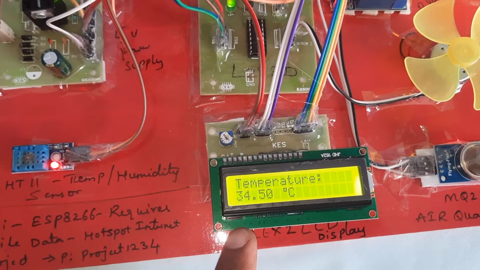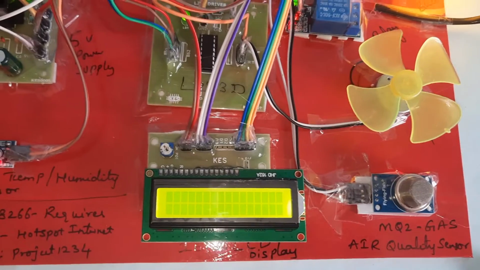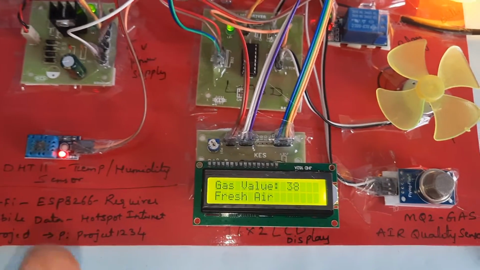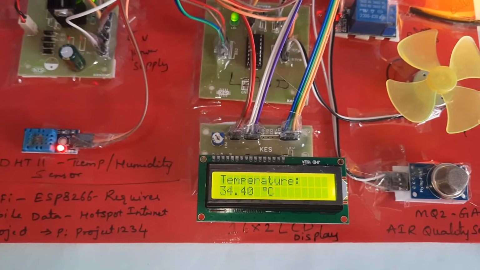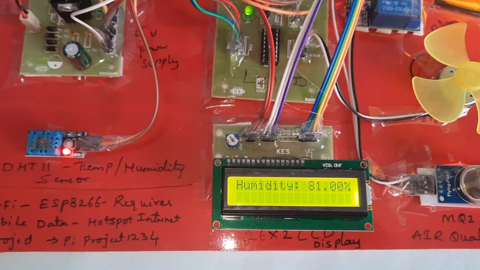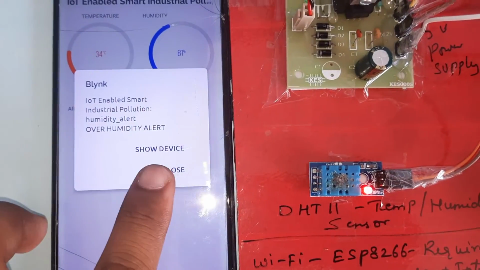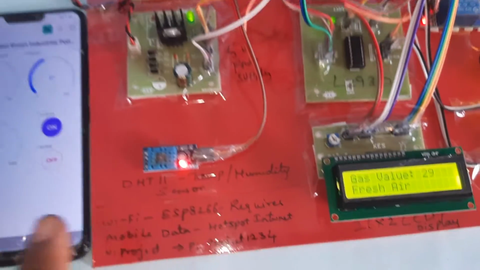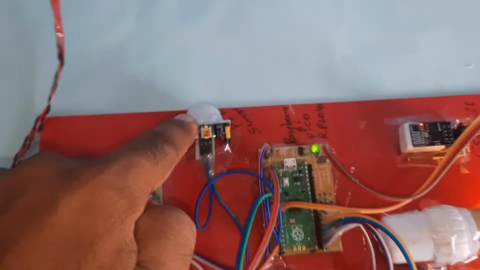Temperature 34, humidity 82. It will check the 60 set point a second time. It checks two times whether it is right or wrong. Temperature 34, humidity 81, we get a humidity over alert. So we got the temperature alert, humidity alert, gas alert, and motion alert.